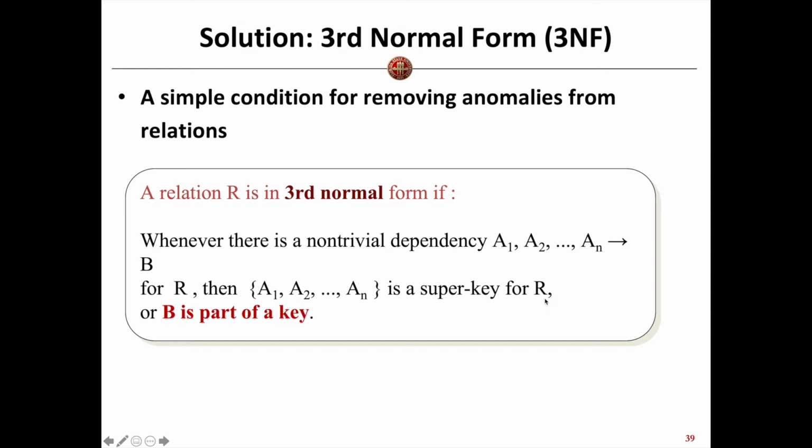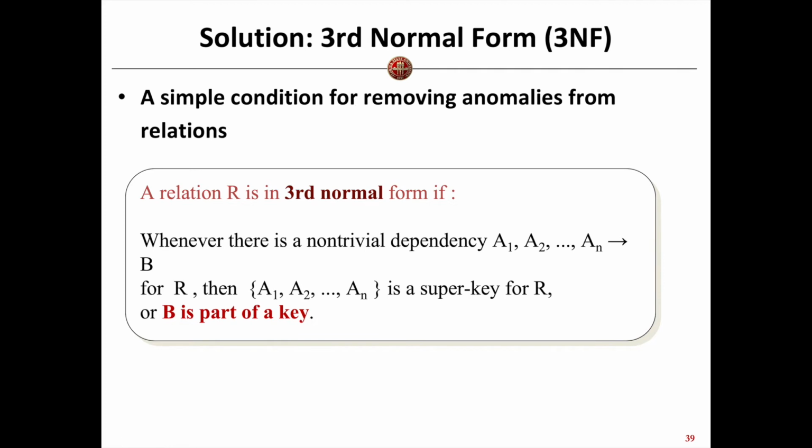It is the same as the BC normal form, right? However, for the third normal form, we have another condition: or B is one part of a key. So the two conditions are either A1 to AN is a superkey, or B is a part of a key. If so, then we can say this relation is in the third normal form.